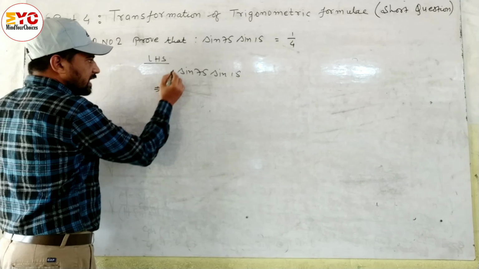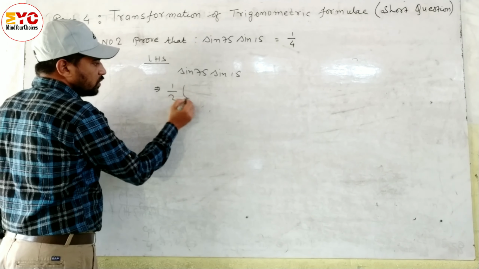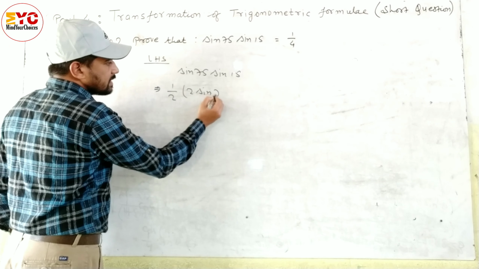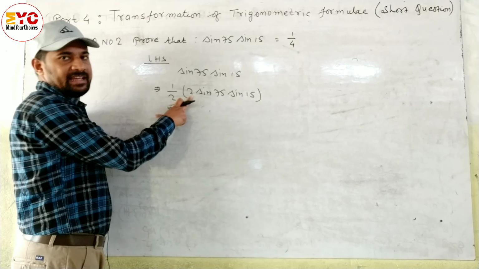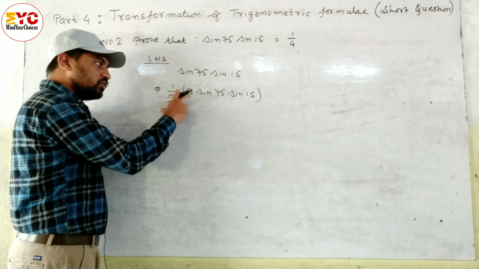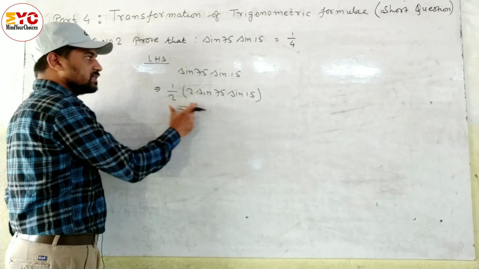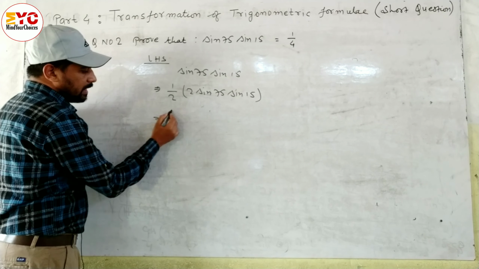So to write here 2, we have to write 1 by 2 into 2 sine 75 sine 15. We cannot write 2 directly, so we write 1 by 2 into 2, because when you cancel this 2, it will be the same. Now 1 by 2.